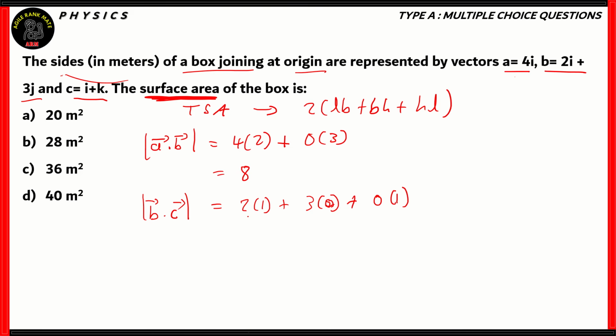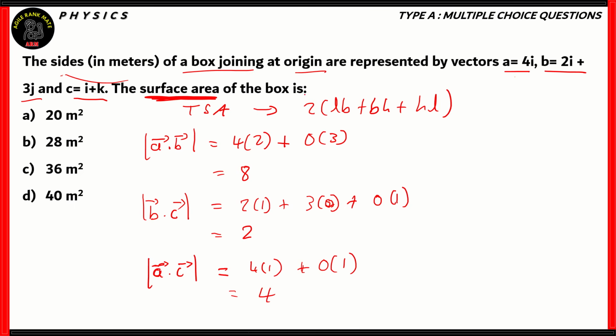So both of these become 0, so the modulus of that dot product will be 2. Finally, you have A dot C, which will give you 4 times 1, and since there's no k component for vector A, it'll be 0 times 1.